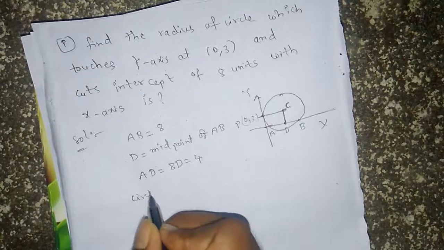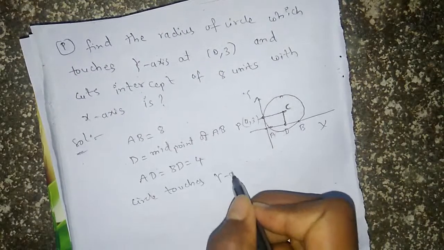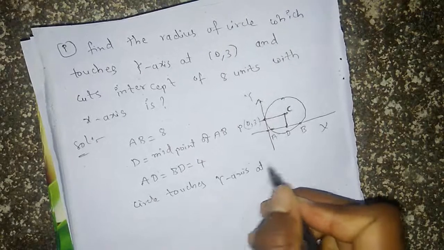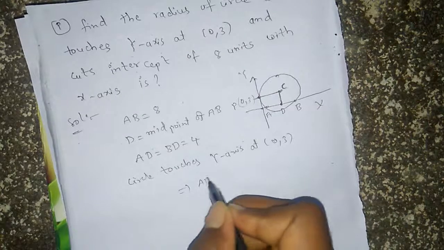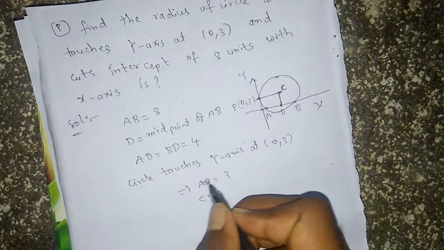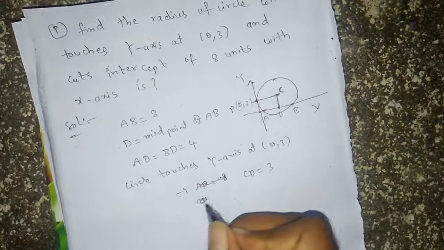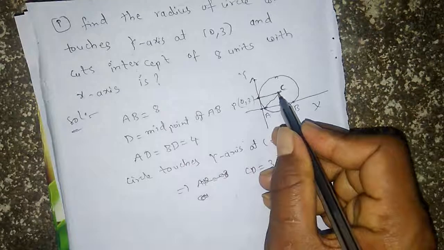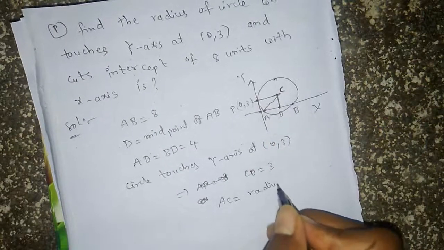Here circle touches y-axis at 0 comma 3 implies AP is equal to 3, which is same as CD is equal to 3 units. Here AC is equal to radius.